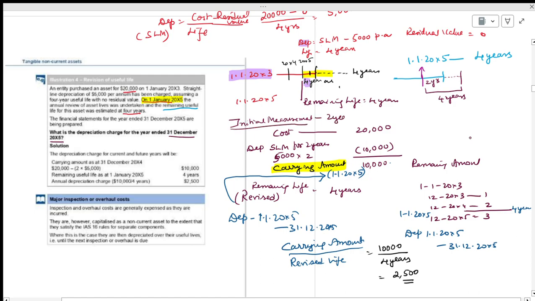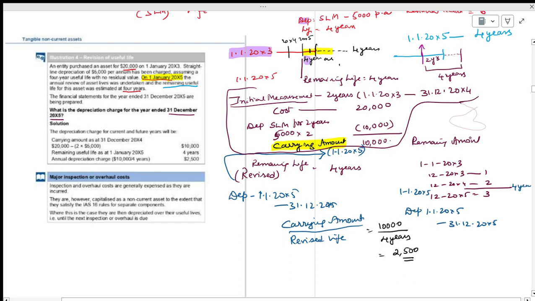For 2 years, from 1/1/2003 till 31st December 2004. They have calculated this amount. Okay, that's fine. We are clear about this. But later on they have changed.